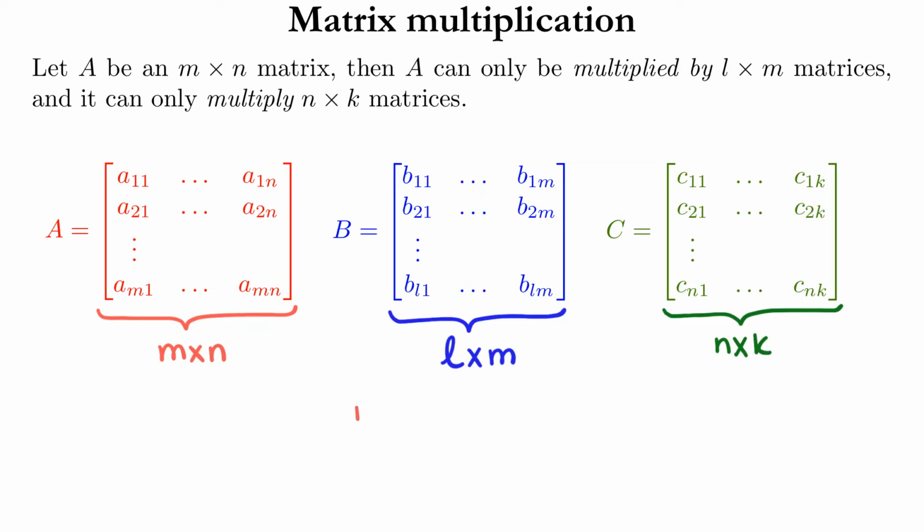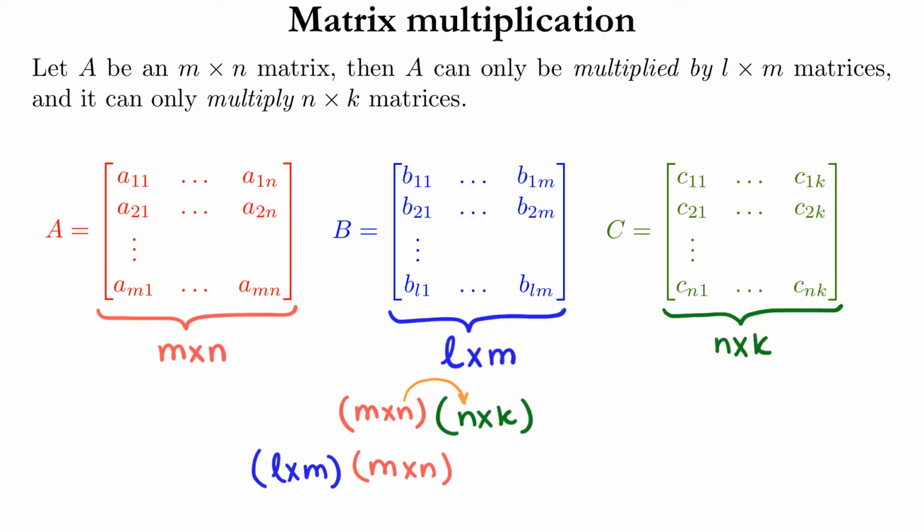The idea that an m by n matrix can only multiply an n by k matrix, and it can only be multiplied by an L by m matrix, is because we always want the size of the matrix multiplying the other matrix to end and begin with the same integer, in the top part with n and in the bottom part with m. The first product results in a matrix that is m by k, and the second product results in a matrix that is L by n.